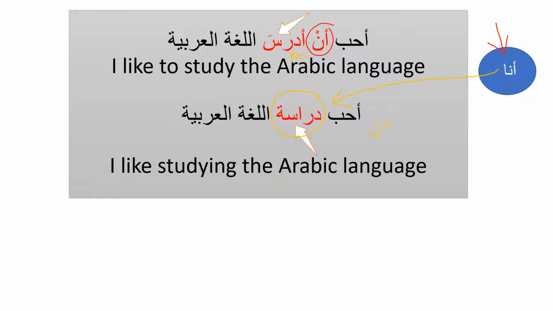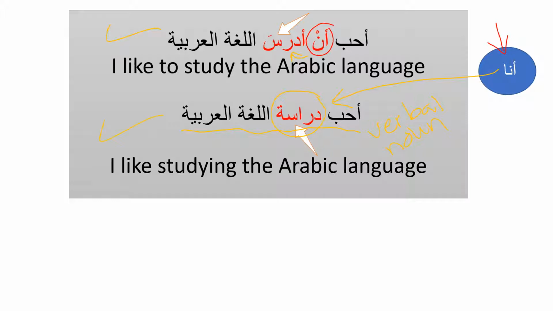Al-masdar, verbal noun, never changes. It is the same. We do not conjugate masadir. For each present tense, we have a masdar. So أحب دراسة اللغة العربية. It means I like studying the Arabic language.